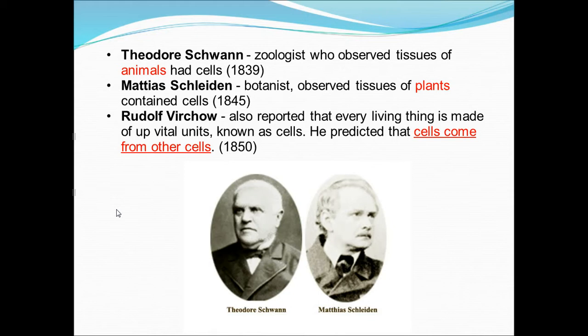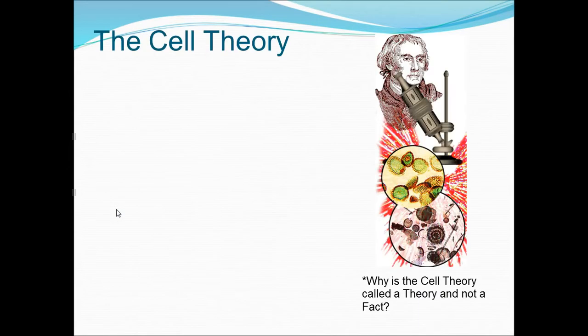Schleiden was the botanist, and he noticed that plants also had cells. And then Rudolf Virchow reported that every living thing is made up of vital units, which he called cells. And he predicted that cells come from other cells. Notice this is more than 100 years after Robert Hooke and Leeuwenhoek. So the cell theory came about through a variety of scientists.